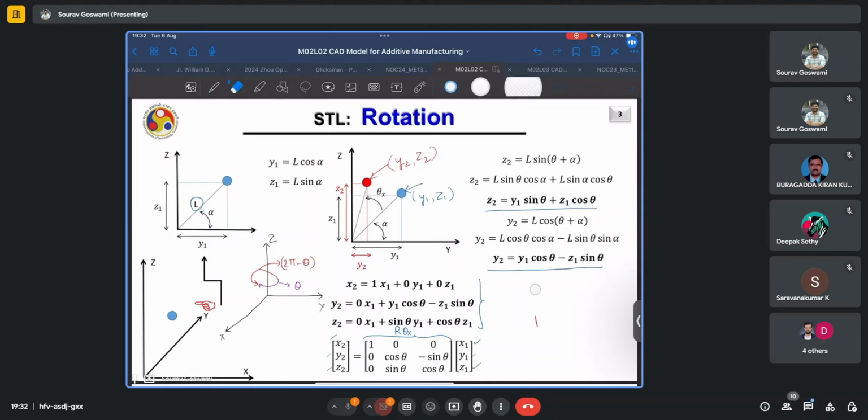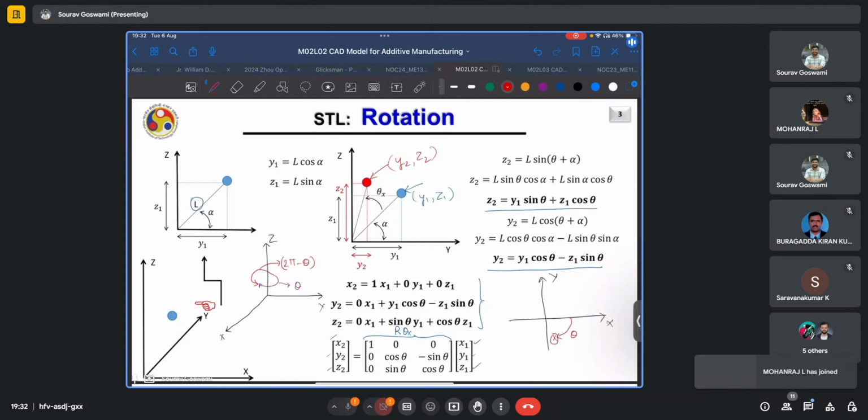Say we have the x and y axes. For the z axis, you rotated a point by some angle theta to reach this final configuration here. This is equivalent to an anti-clockwise rotation of 2 pi minus theta.